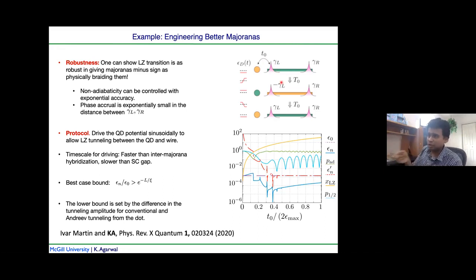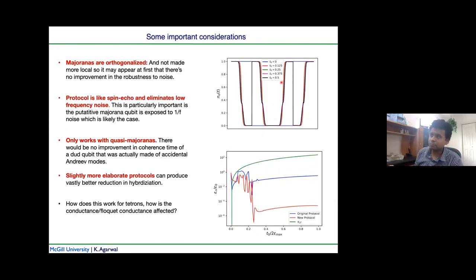And so these two tunneling processes, one conventional tunneling, one Andreev tunneling, have slightly different amplitudes, and that's what makes this protocol not perfectly efficacious in reducing the static hybridization between the Majoranas.